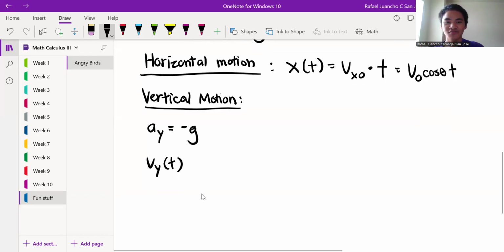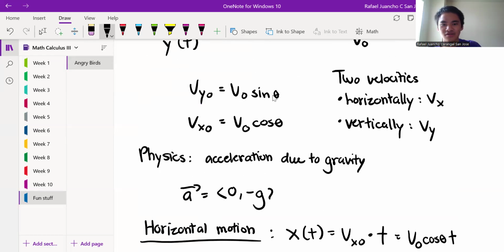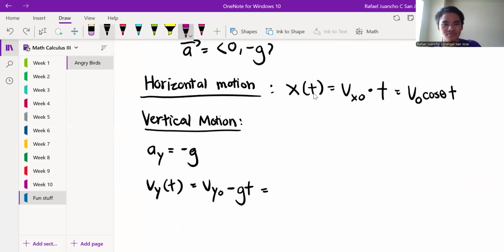So our vertical velocity varies based on the time we're given. Here we take our initial velocity Vy naught, which we computed earlier, and subtract gt because we're taking gravity into account. Vy naught is V naught sine theta. So this is V naught sine theta minus gt.